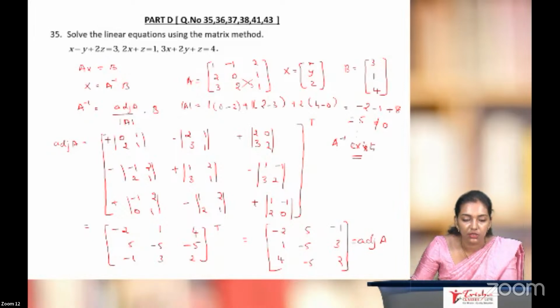This you have to do first, actually, before calculating the adjoint of A. Obviously, it will be like that only. The inverse will exist, then only you can find the values of x, y, and z.